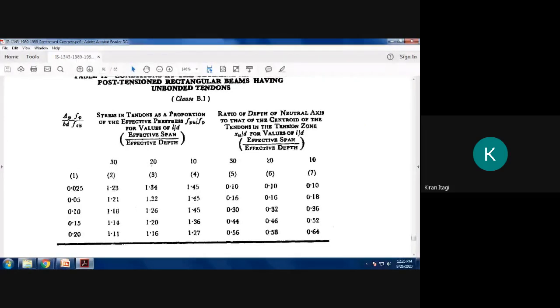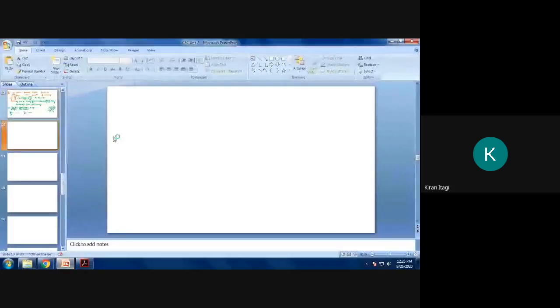This is table number 12, I will paste it here.